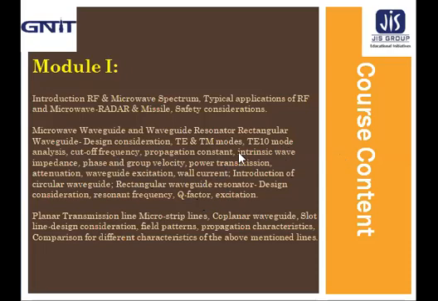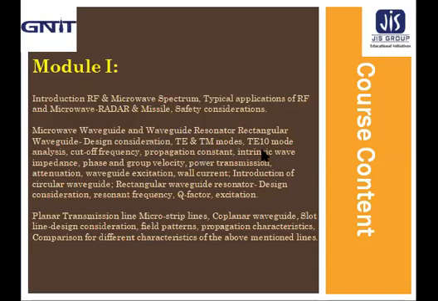Now, in previous lectures, I have already discussed what is microwave waveguide, what are the different types of microwave waveguide, like basic types of waveguides are rectangular waveguide and circular waveguide. Also, I have discussed the design consideration of rectangular waveguide and the different modes of this rectangular waveguide, that is TE and TM mode.